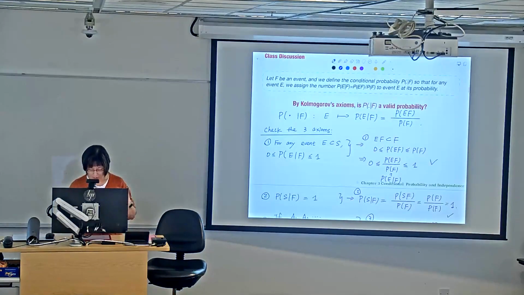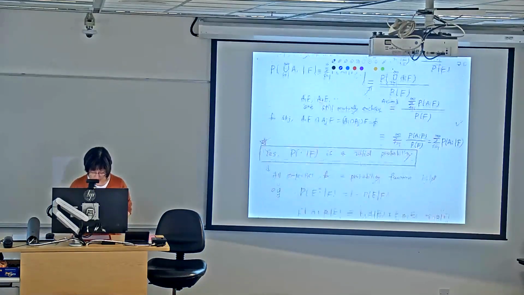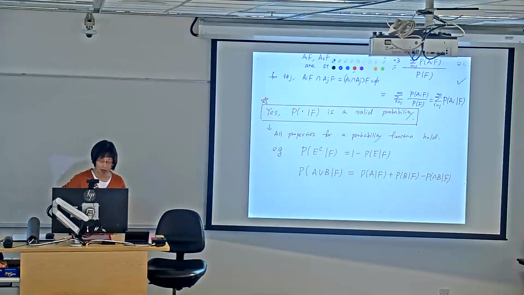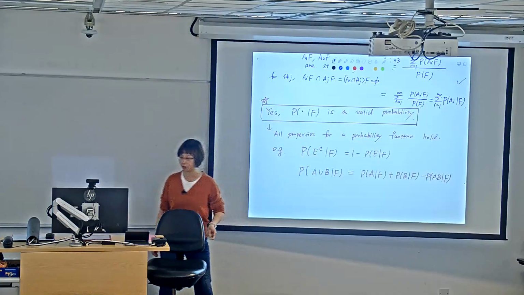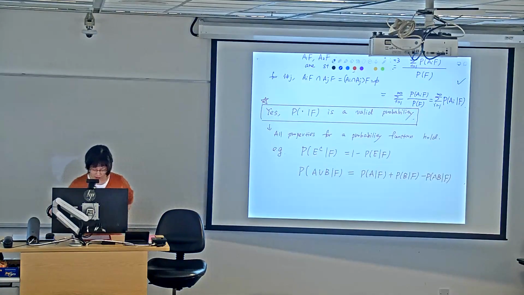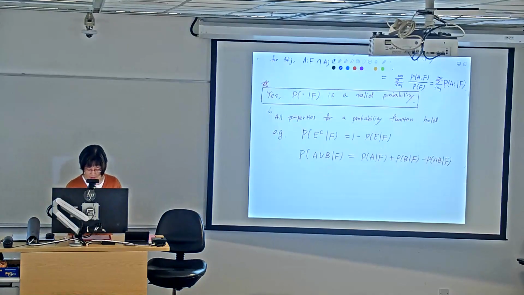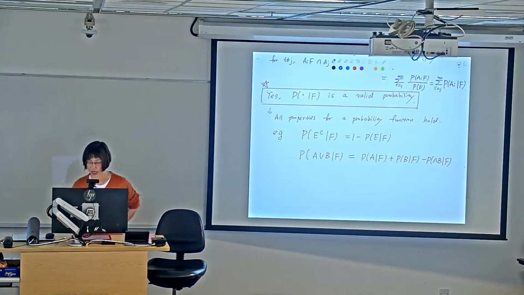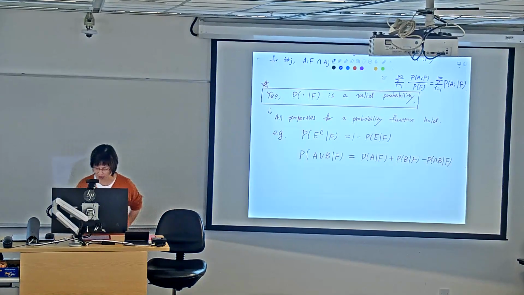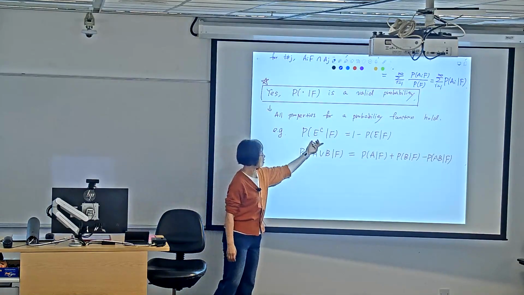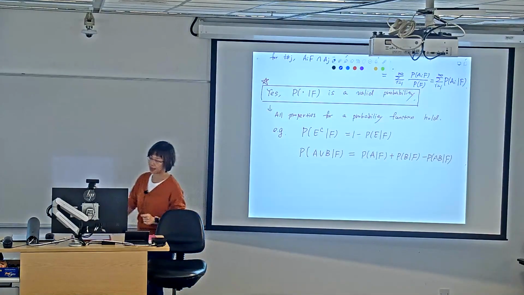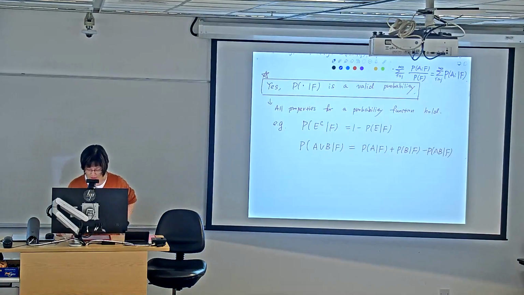So this is a valid probability function, and this means that other properties of probability functions also automatically hold here, like the complement rule, sum rule, inclusion-exclusion formulas, and many other properties. You just need to write them in the conditional probability function way. Everything else is the same.